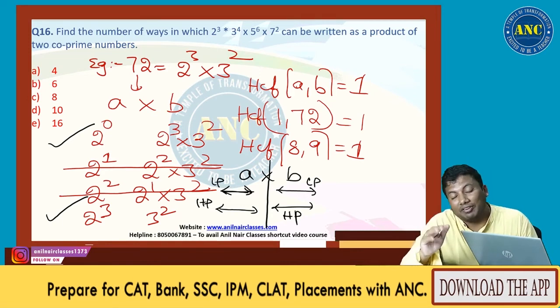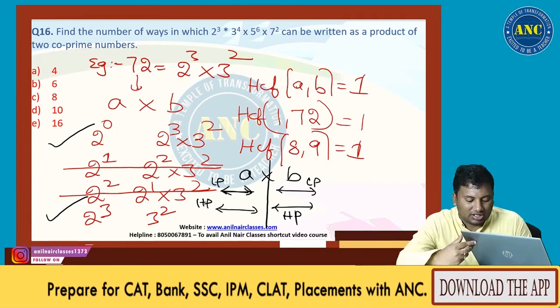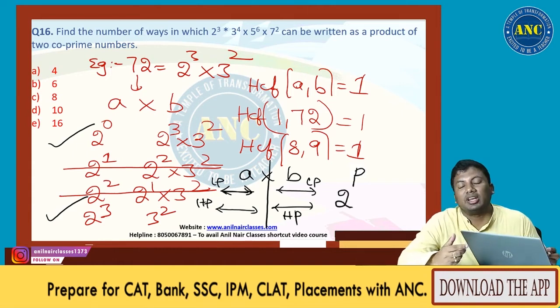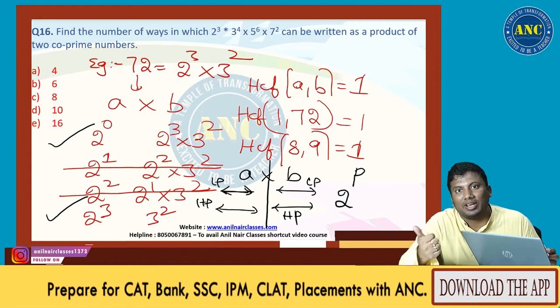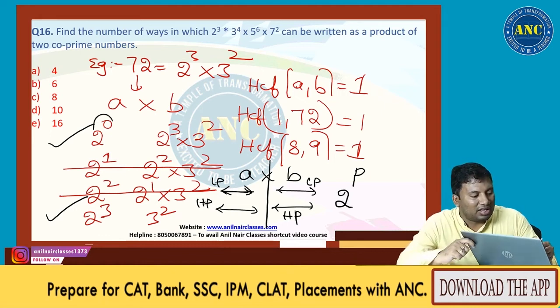Two cases. If one more prime base is there, again lowest power or highest power. That means each and every variable has got two choices. If P is the prime number, it has got total two choices: either lowest or highest.